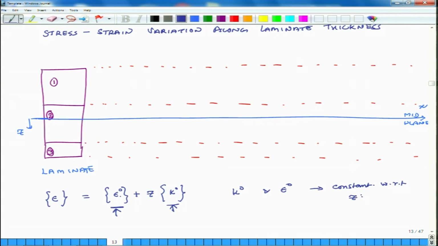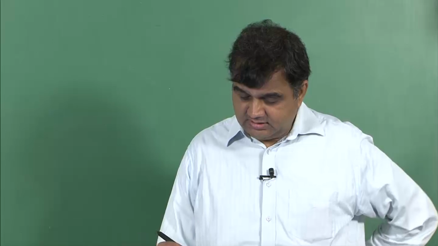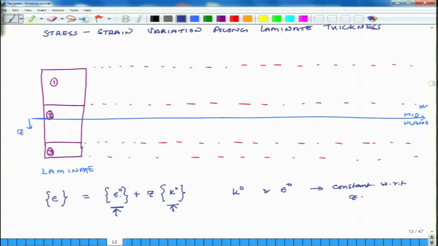So, if x and y is same and all what I am changing is I am moving up and down the thickness of the laminate, what that tells me is that this midplane strain is not going to change across the thickness, and midplane curvature is not going to change across the thickness, but because there is a term z involving curvature, what will happen is that the strain will change linearly across the thickness.